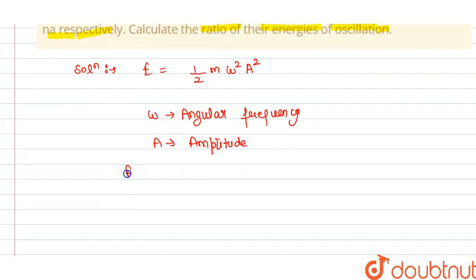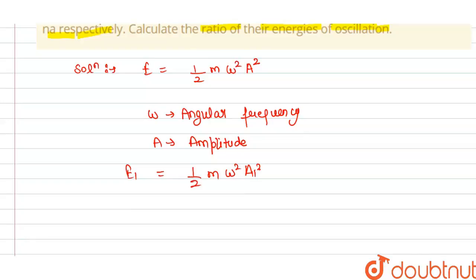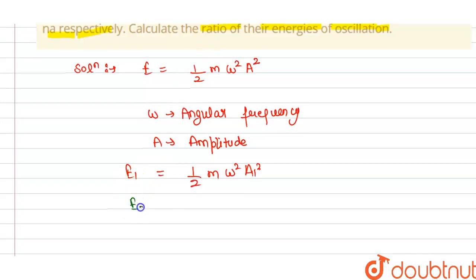So from this we can write E1 is equal to half m omega square, times amplitude 1 square, as they are identical so their frequency must be equal, and energy 2 is half m omega square times amplitude 2 square.